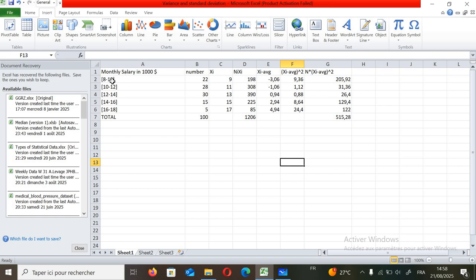We took the average of the monthly salary, because here we have continuous variables. It's 8K and 10K, the average for it is 9K. Here 10 and 12 is 11K. 12 and 14, 13K, etc.